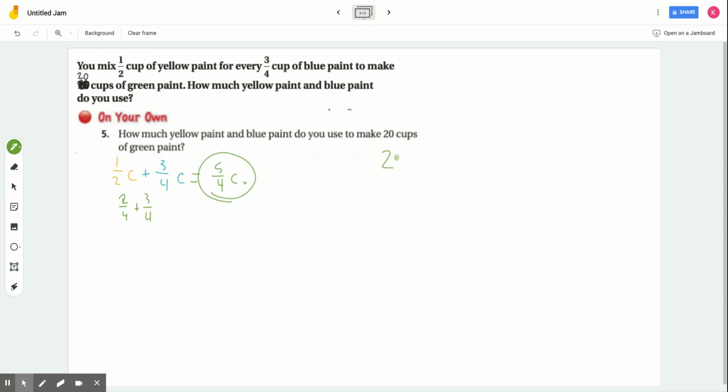So we have 20 over 5 over 5/4. So 20 to 5/4. So now remember, this is that complex fraction.